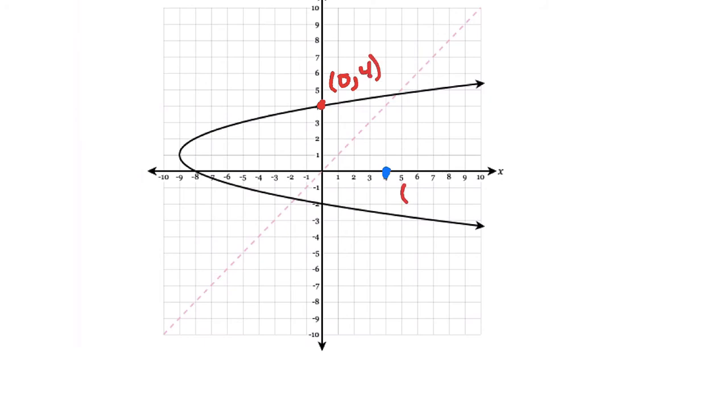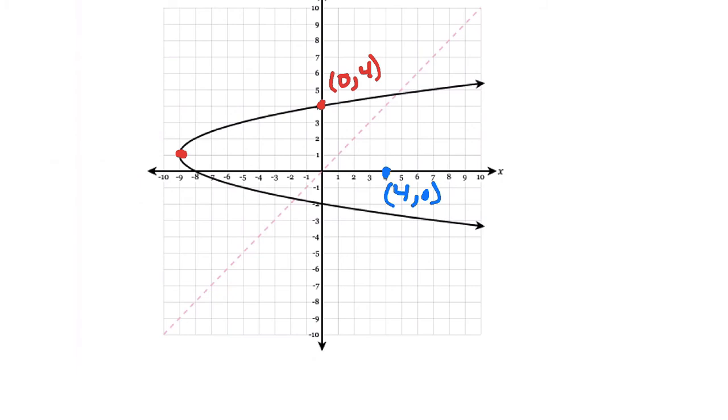I'm going to find a few more points like that, right? If I take this point right here, that looks like the point (-9, 1).